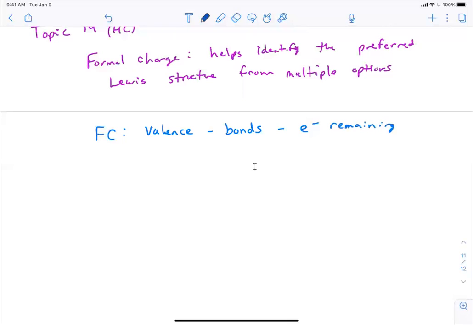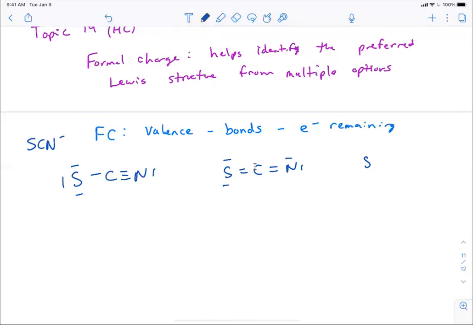Okay, so for example, one of the most common ones they use is SCN minus as an example for this, because technically, if you draw SCN, it is technically appropriate. It meets all their criteria if you draw it all these 3 ways, where you have a triple bond on N, a double bond on both, a triple bond on S. They're technically all right, technically.